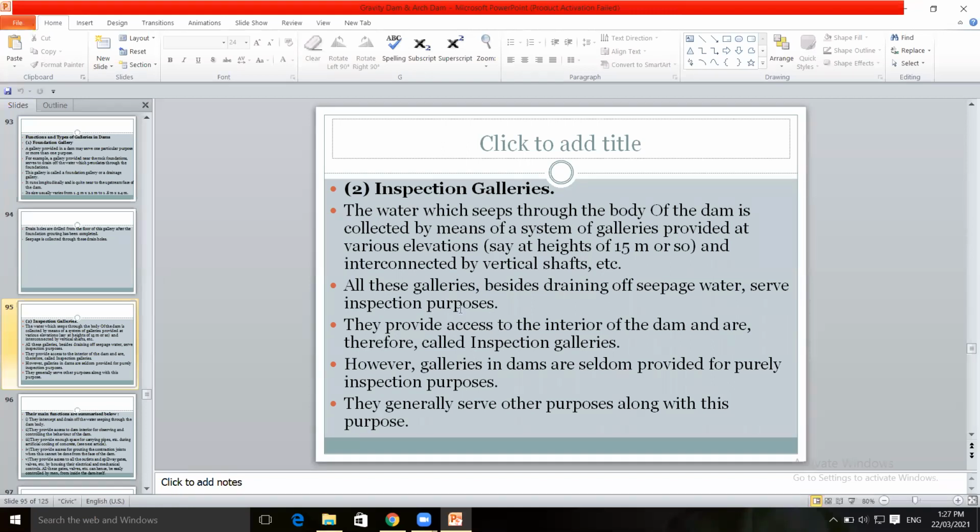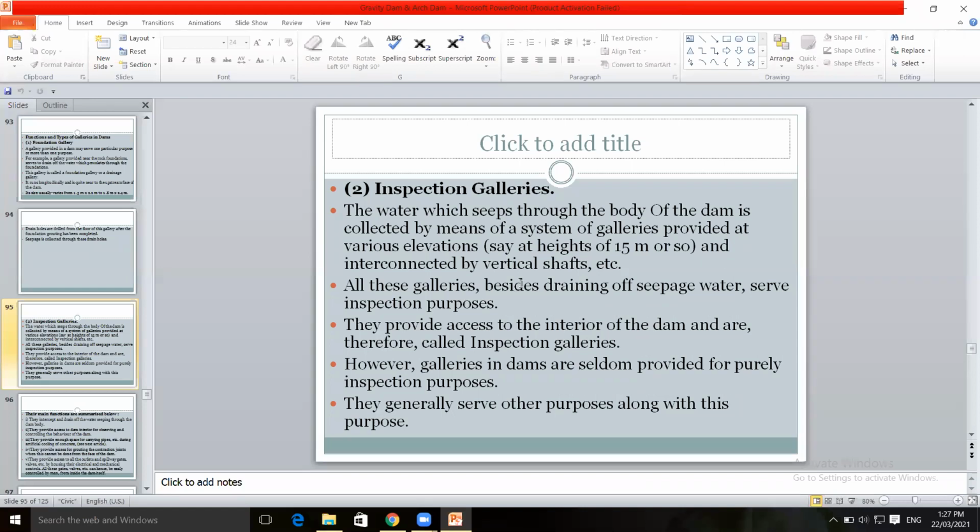The main purpose is inspection of the dam.